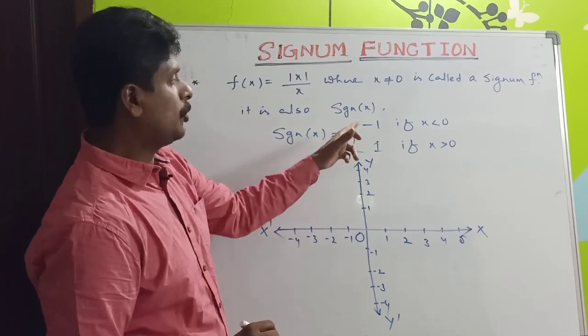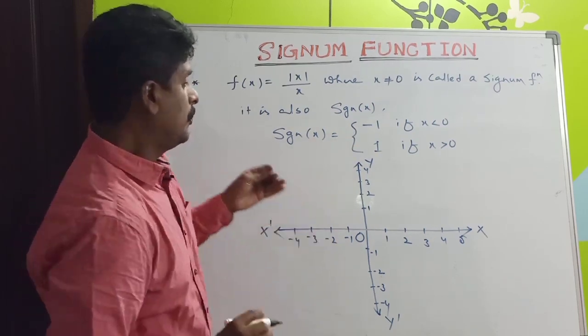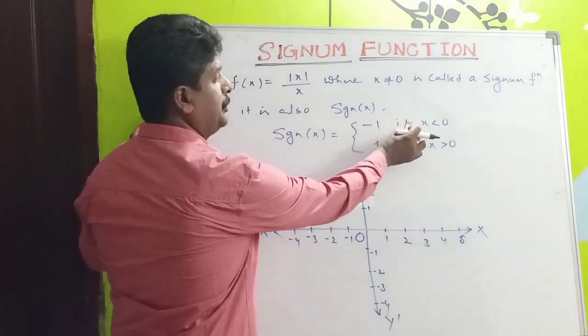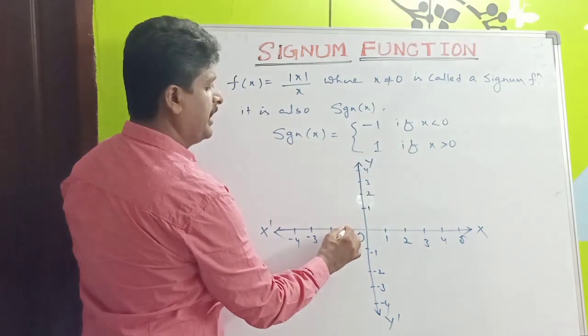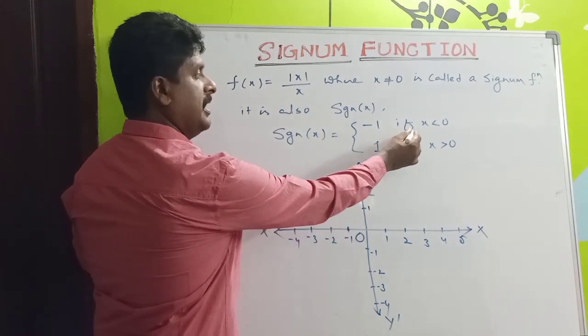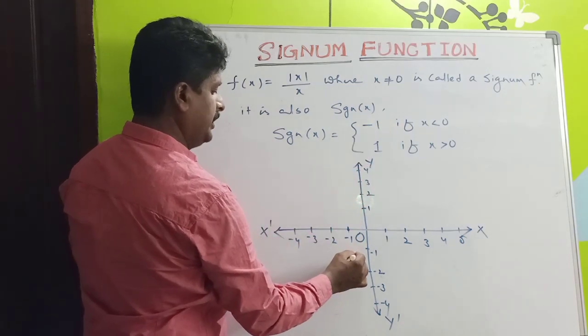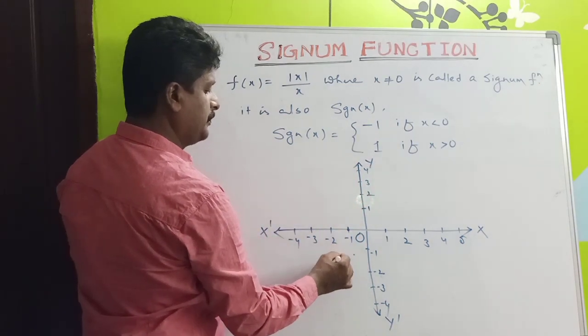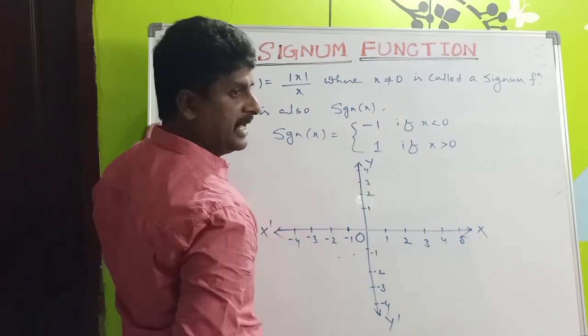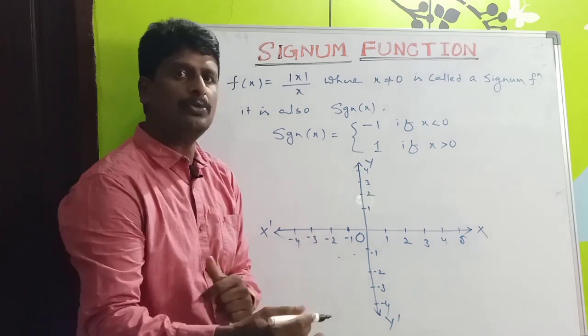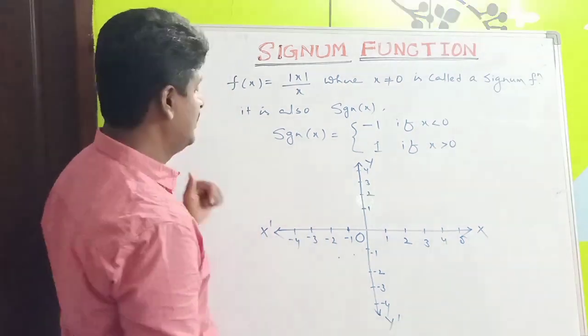See, according to the definition, whichever negative value of x you consider, suppose x equals minus 1, it is minus 1 only. For x equal to minus 2, it is minus 1 only. So whichever negative value you consider, its outcome is always minus 1.